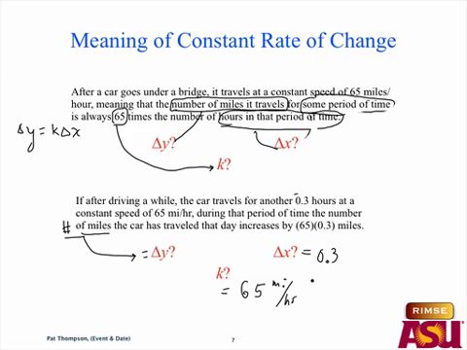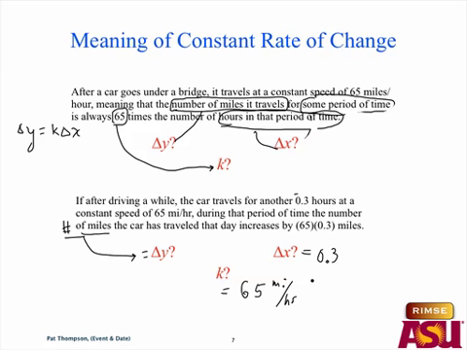So we all know that 65 miles per hour is the rate, but can you see it now as distance measured in units of time? So our unit of time is 1 hour, so what's the distance traveled? 65. So it's measuring distance in the units of time.